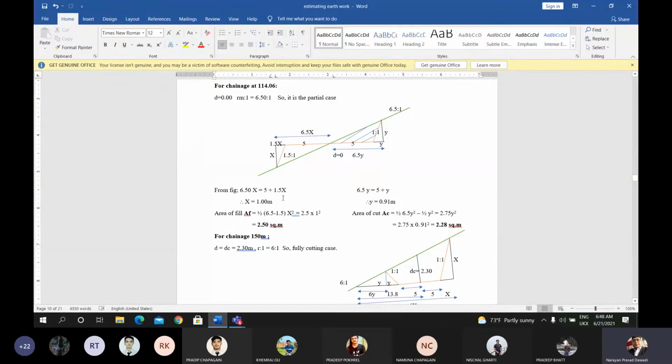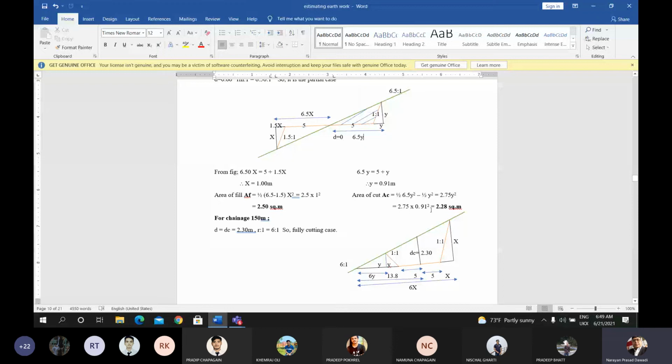The area of cutting will be the bigger triangle of the cutting section minus the smaller triangle, the triangle of the red line and green line. The area of cutting is calculated in this way as 2.28 square meter.